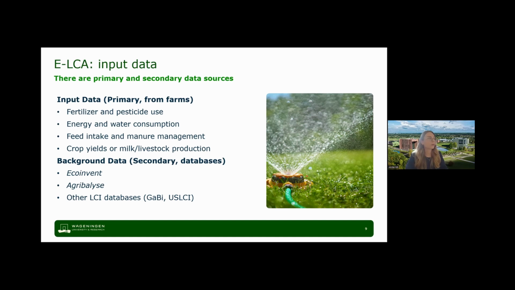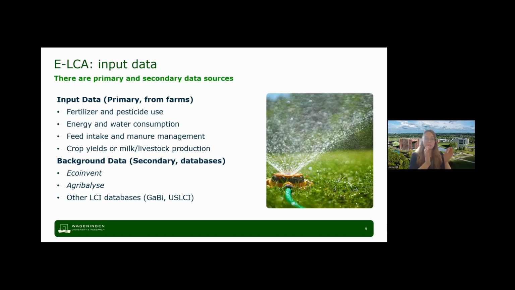So we asked, for example, fertilizer use, pesticide use, water use, if necessary, feed intake, manure, and of course yields. And ideally, you collect as much primary data as possible to make the impact assessment as accurate as possible. But of course, that's very time consuming.